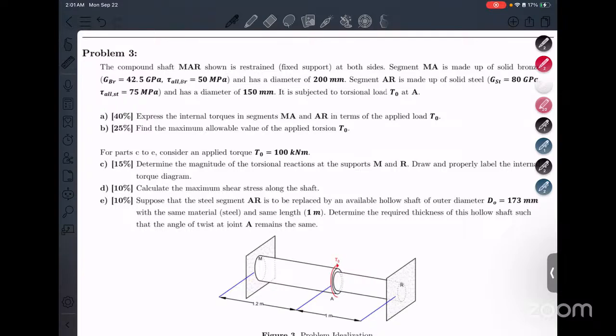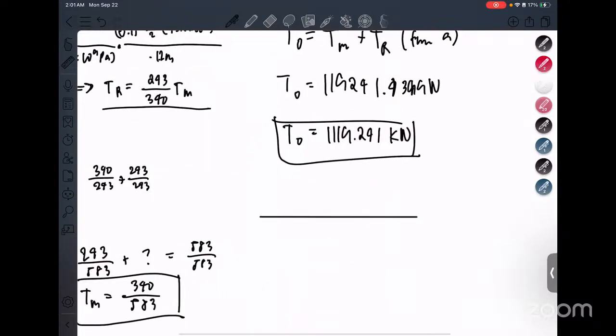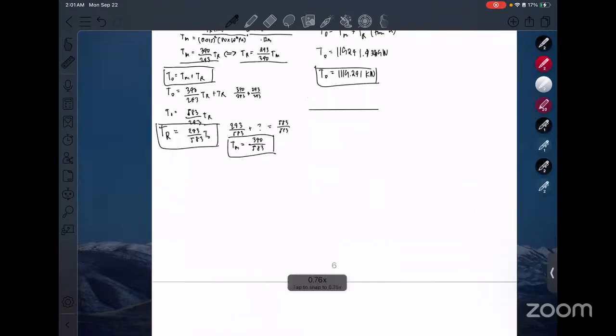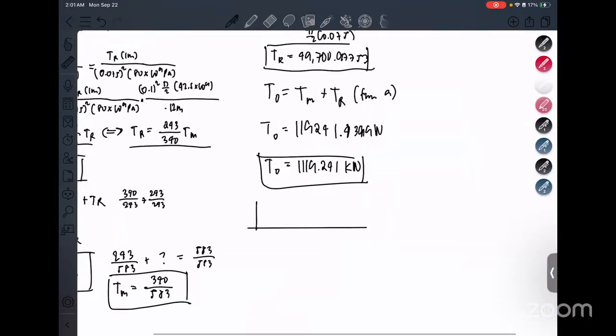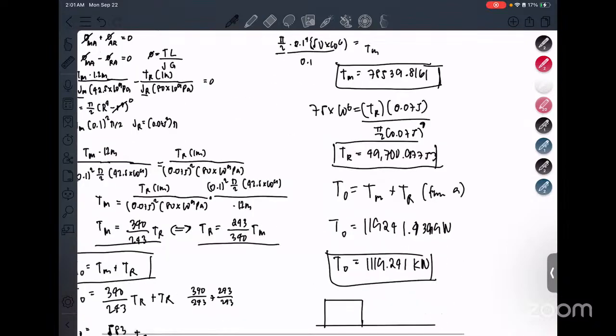If you think about it, this is roughly the exact same as the diagram we showed earlier. The internal torque diagram is essentially like this. So what that means for us is that we have a counterclockwise at N. And then it goes down because you have a clockwise T naught.